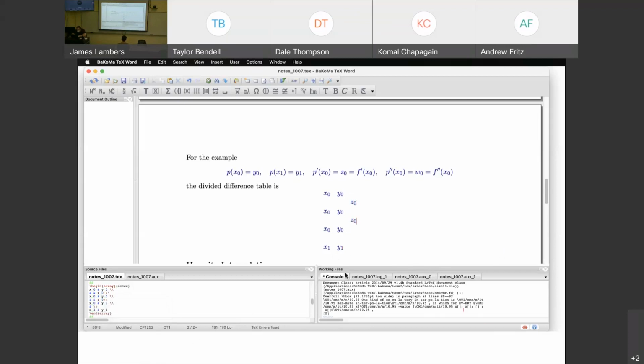Okay. Now here I have y1 minus y naught over x1 minus x naught. That divided difference I can do regularly because these values are distinct. So I can go ahead and compute that divided difference with no problem. I'll fill that in there.